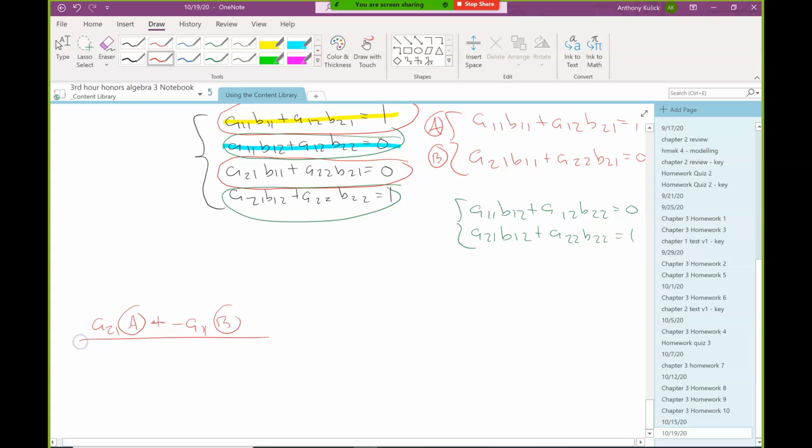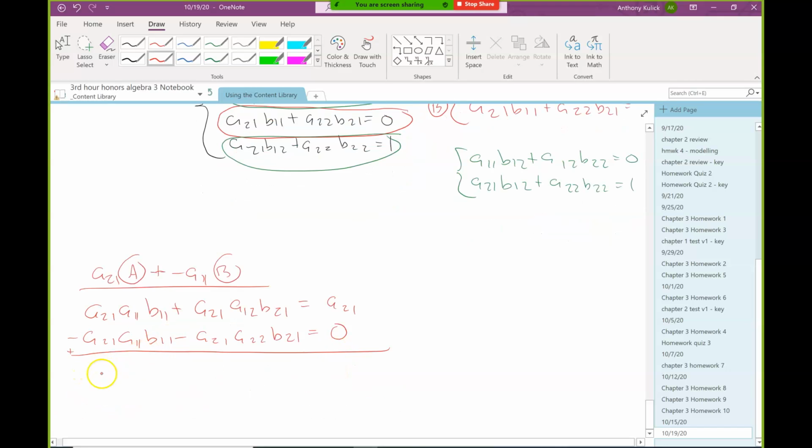And then I have negative A21 A11 B11 minus A21 A22 B21 equals 0. If I add this down, I have A21 A12 B21 minus A21 A22 B21 equals A21, because this part just canceled out.